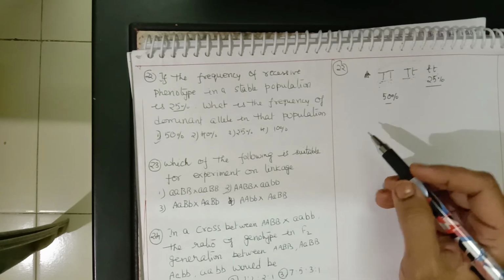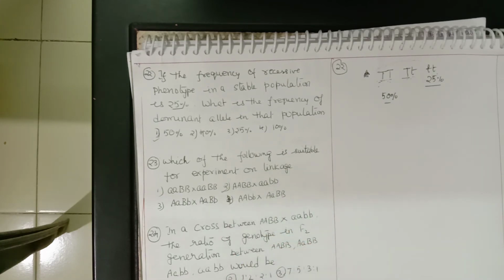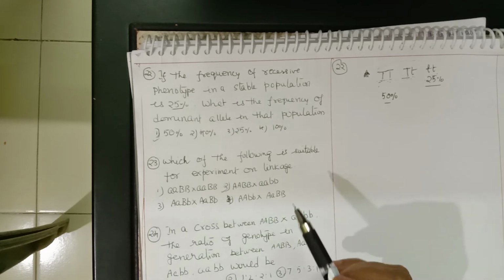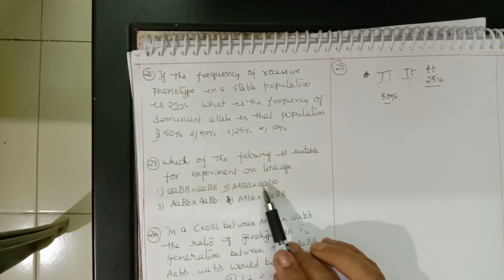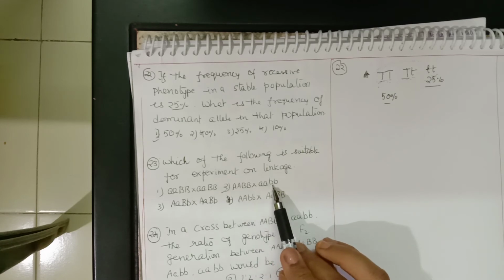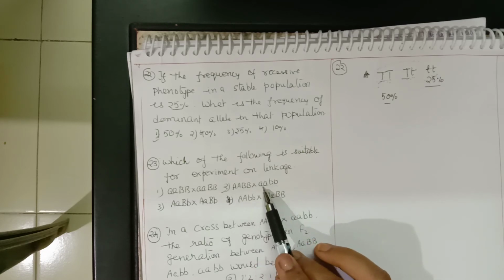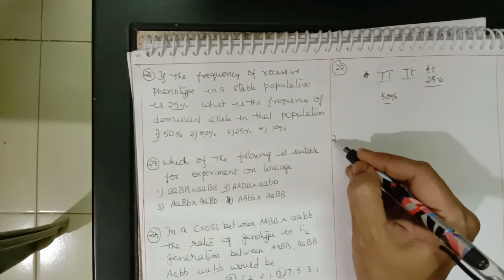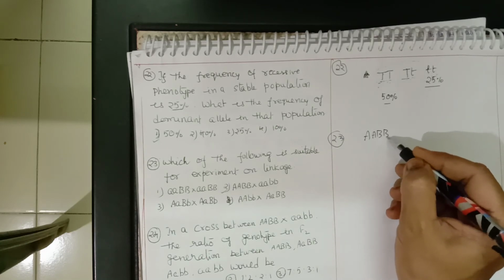Next question. Which of the following is suitable for experiment on linkage? Linkage experiments always are taken by this one, dominant and completely recessive, because they can be arranged either in a cis manner or trans manner. So suppose here, this is what we have to take for linkage.